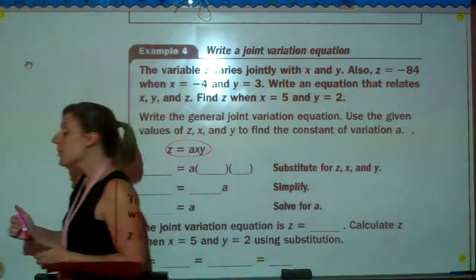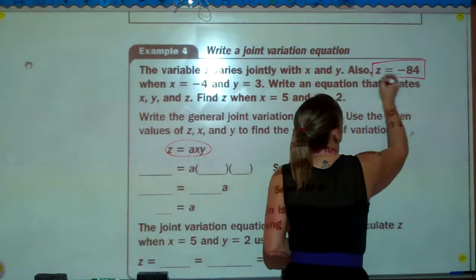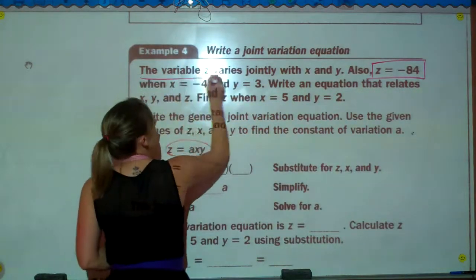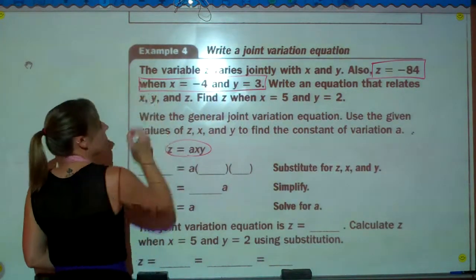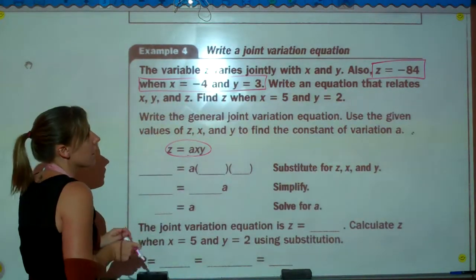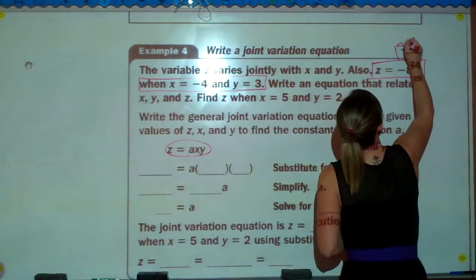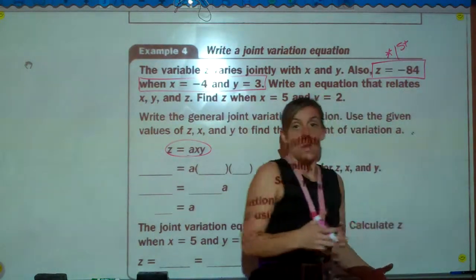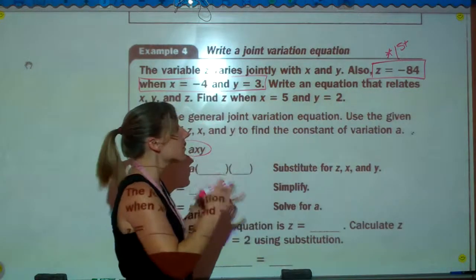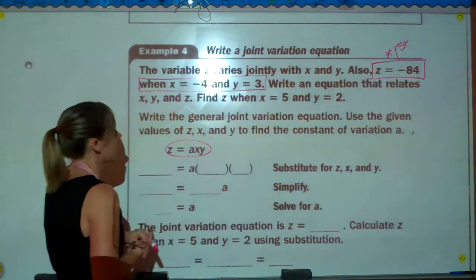So again, just like before, we use the first set of numbers, and it's a little bit hard to see on your note, but I know on your notes you can see it. So we use this first set of numbers first, then we go back and we use the other set of numbers to answer the question that it asks, okay?